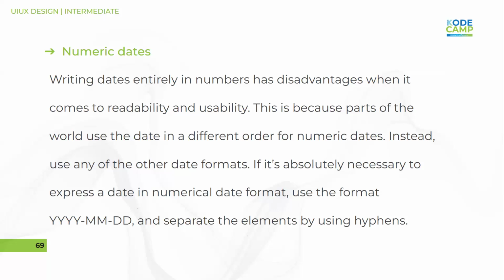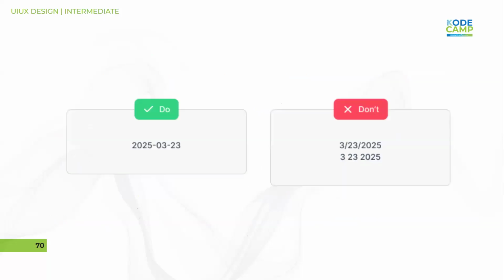If it's absolutely necessary to express a date in numerical format, use the format year, month, and day, and separate each element using hyphens. So this is what I mean. Do use hyphens, but slashes and spaces are a don't, a no-go area.